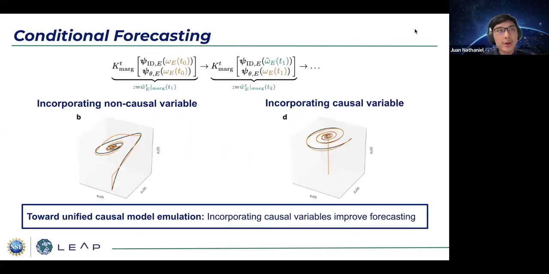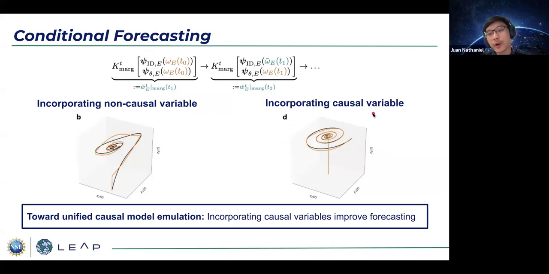Because our Koopman operator is dynamical by construction, because we are trying to learn this linear operation in the dynamical space, we can also do forecasting once we learn this K matrix, and propagate the systems in time. These are just some proofs of concept where incorporating a non-causal variable makes the prediction a lot worse.